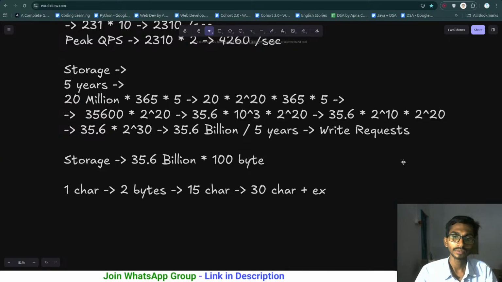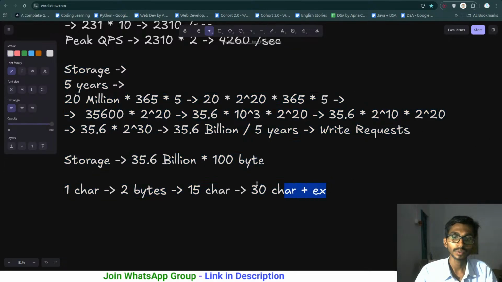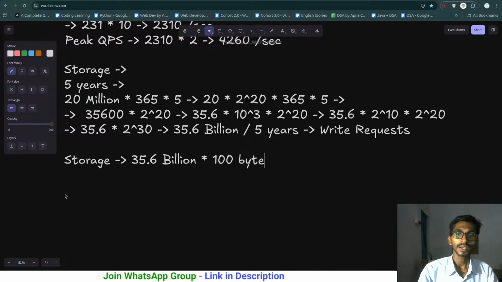So ultimately it's around 50 multiplied by 2, which is 100. So let's suppose it will have 100 bytes. The data of one URL will need at least 100 bytes of space. It can be more than that, of course. It depends on exactly what kind of data you are storing. In our case, we are assuming 100 bytes.